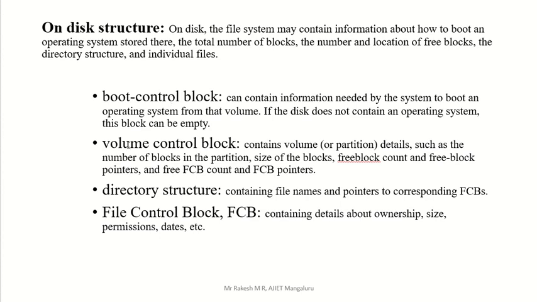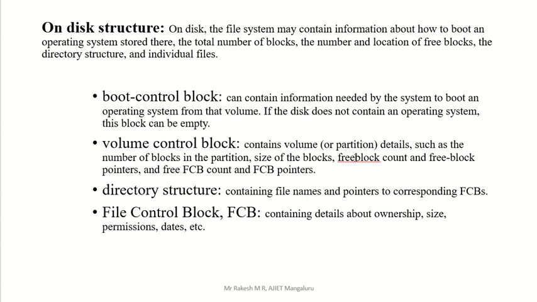Then next, volume control block. It contains volume details such as the number of blocks present in your secondary device, the size of the block, how many free blocks are there and their count, free block pointers, and free FCB and FCB pointer.